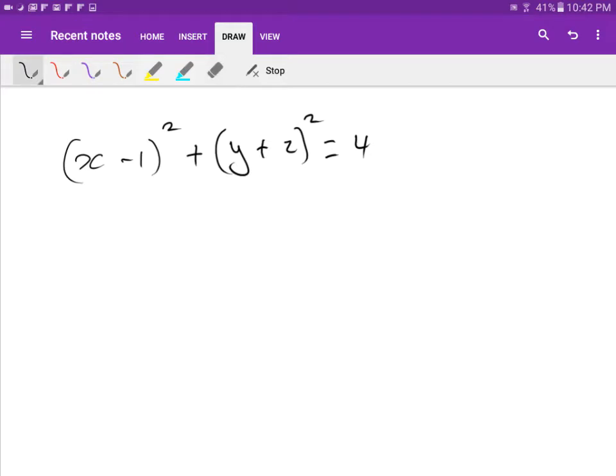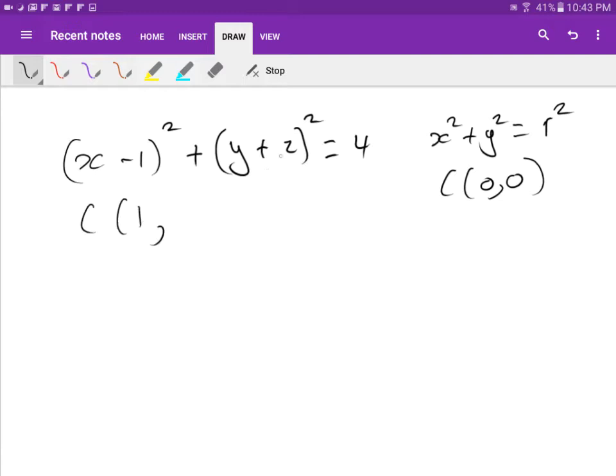See, if you think about it, the circle x squared plus y squared equals 0, equals r squared, has center 0 0. Now this time it moves 1 to the right, so the center x is 1.